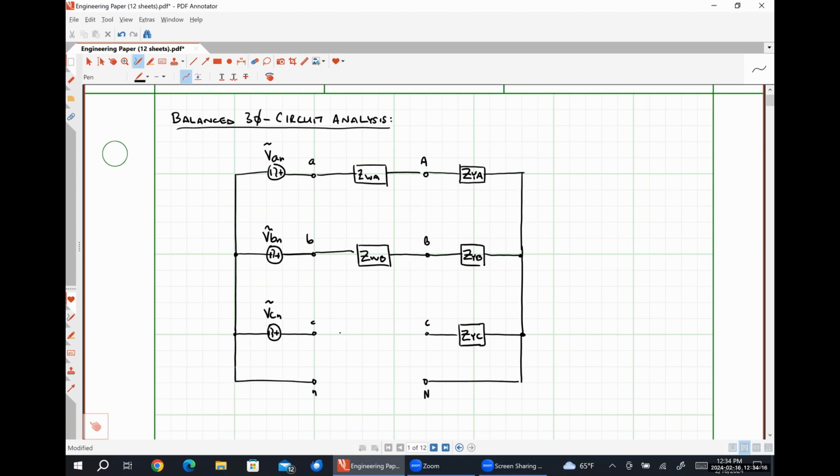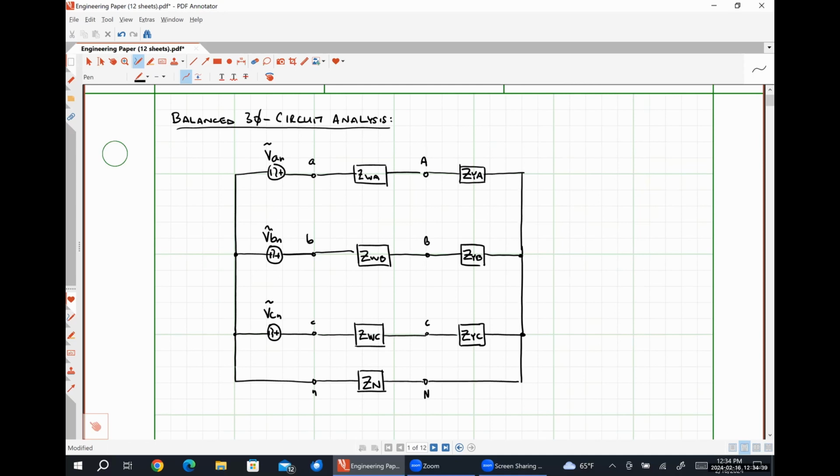In the C phase, we'll have an impedance ZWC. And my neutral conductor will also have some impedance, which I'm going to call Z sub N, like so.